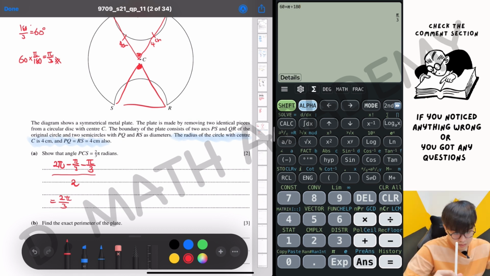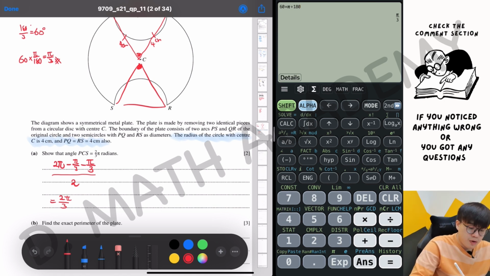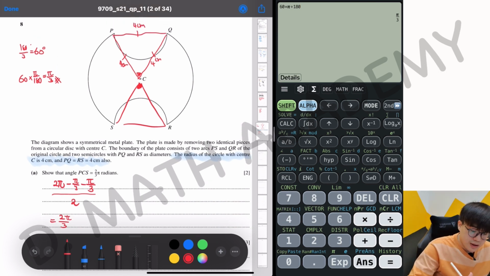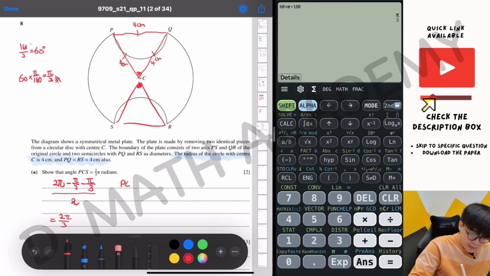Also aside from this, to support my statement here, I can write down PC equals PQ equals CQ, equals 4 centimeters. This is an equilateral triangle.